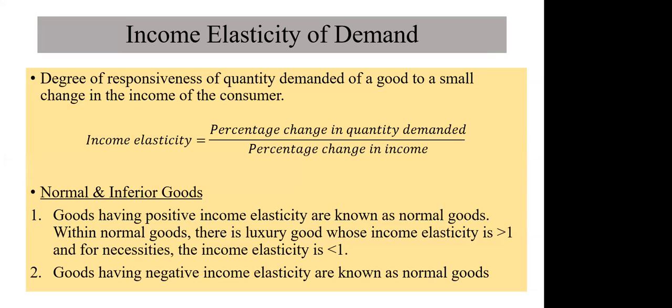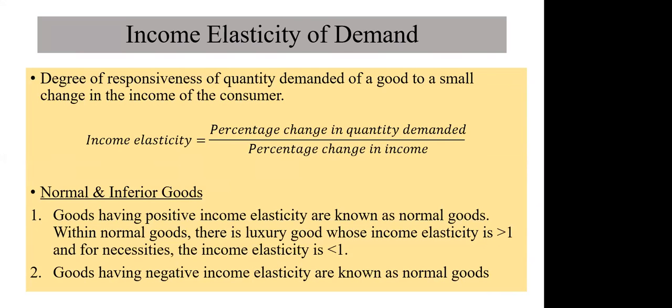So what is the definition of income elasticity? It is a ratio which shows how the percentage change in quantity demanded of a particular good will happen if there is a particular percentage change in the income of the consumer.